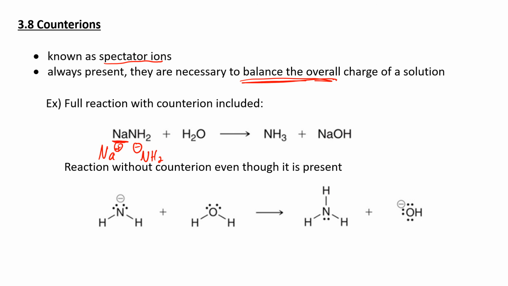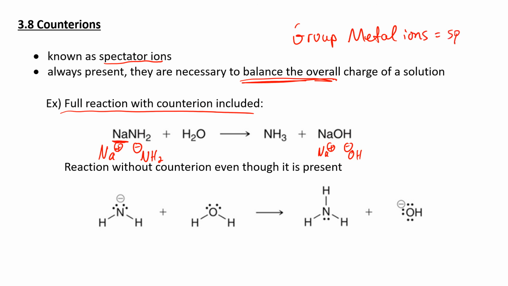So if we were to look at a full reaction with the counterion included, we see that our counterions are just there to balance a negative charge. Typically, we're going to see counterions being our group 1 metal ions, and they are spectators.